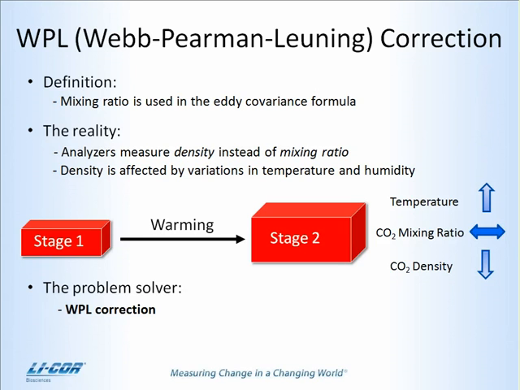However, you still want to be close enough to be sampling the same parcel of air. It's also important to note that this can be scientifically corrected, so it's not really an issue if you have them within the right distance of each other. And again, we're going to have that next webinar that goes into more detail about the installation of the instruments and how to set them up in the proper locations and distances.